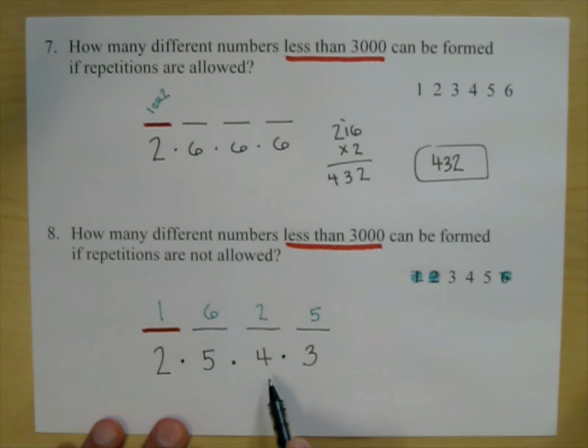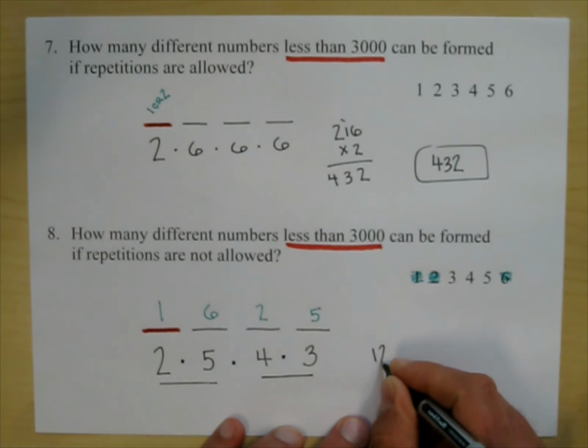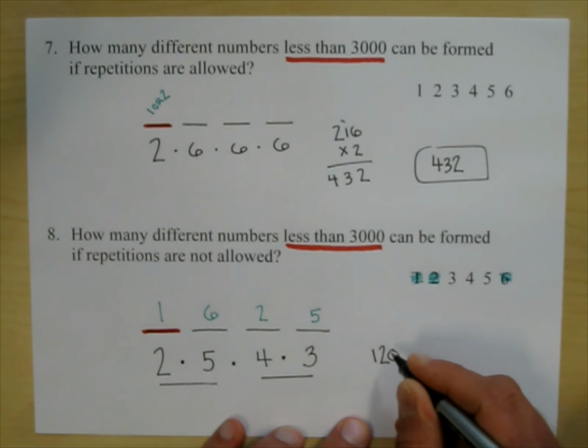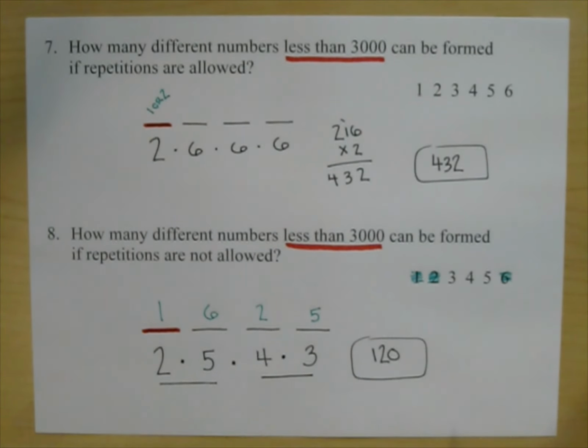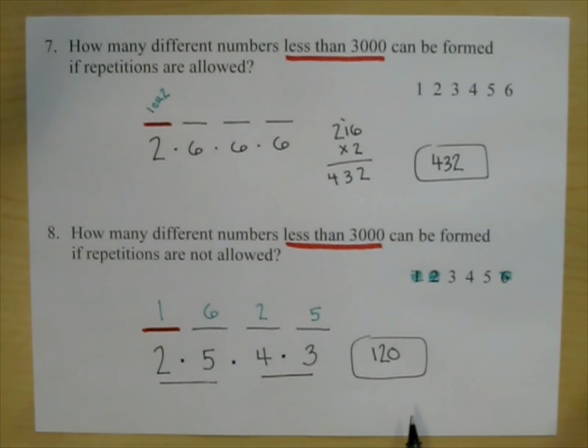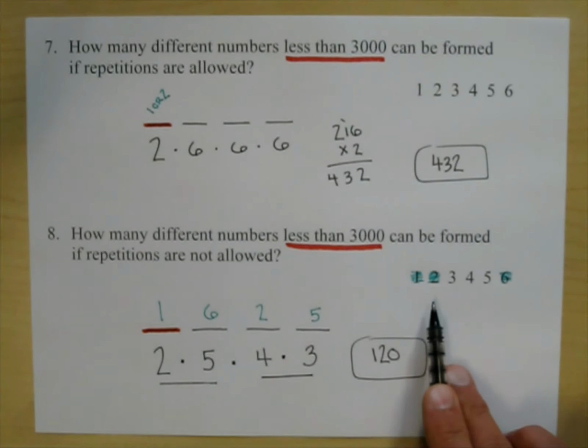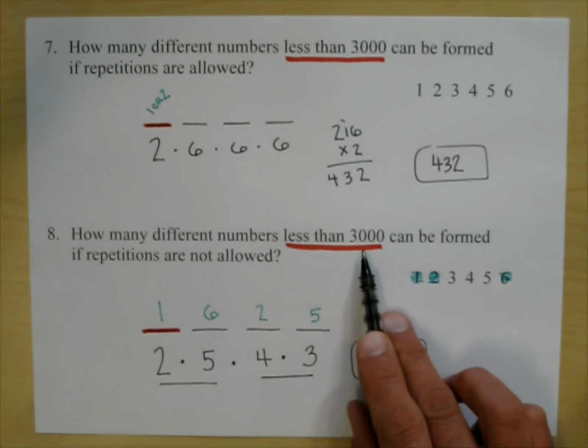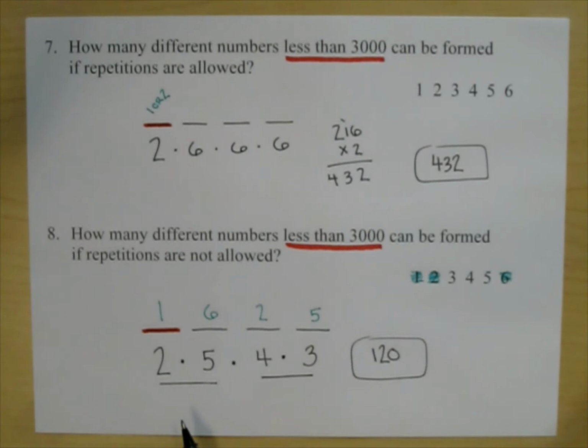So this is 12 times 10, which is a 12 with a 0 after it. There are 120 4-digit numbers using these digits that are less than 3,000 and repetitions are not allowed. 120 of those.